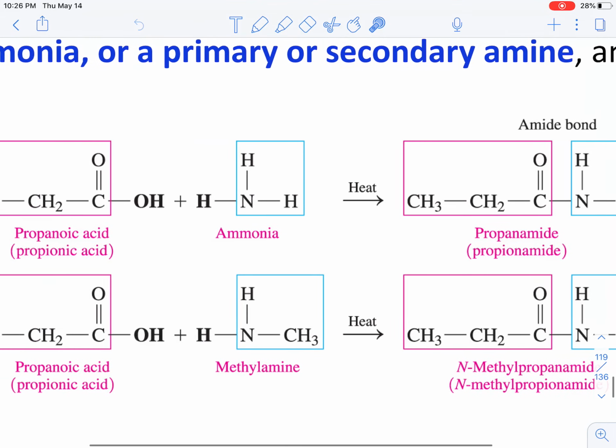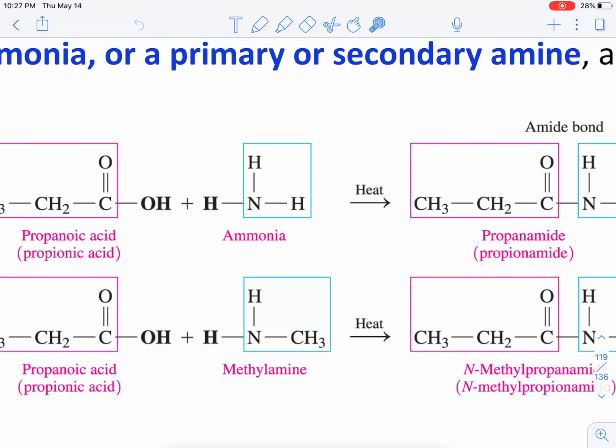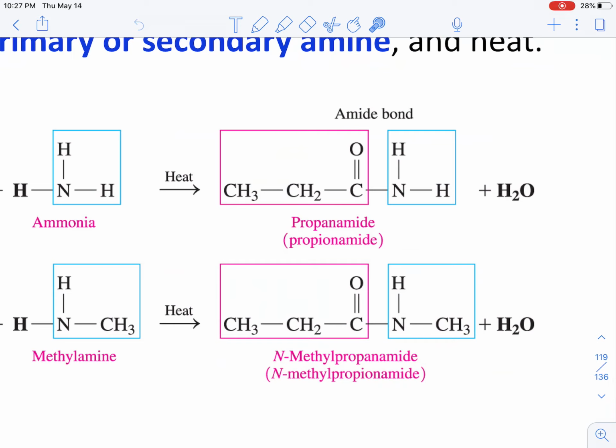And so there are some trends here. If you have ammonia and you react it with a carboxylic acid, what you get is a primary amide.